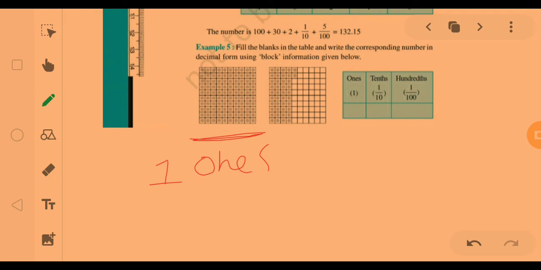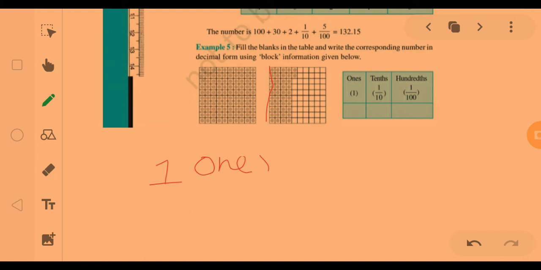Partially completed, there are 1, 2, 3, 4 columns completed, and the fifth column has 2 filled small squares. If you take any one column, there are 10 small squares.